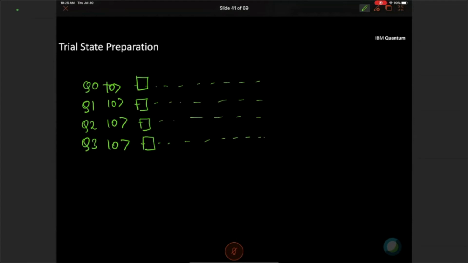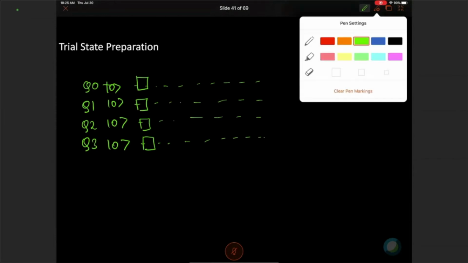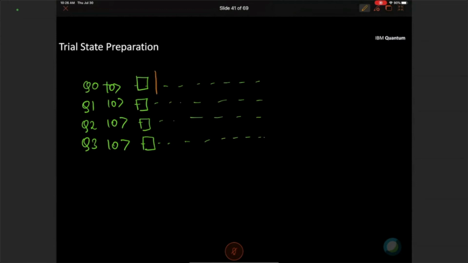Okay, and now these single qubit gates, we're going to interleave with blocks that I'm going to call entanglers.